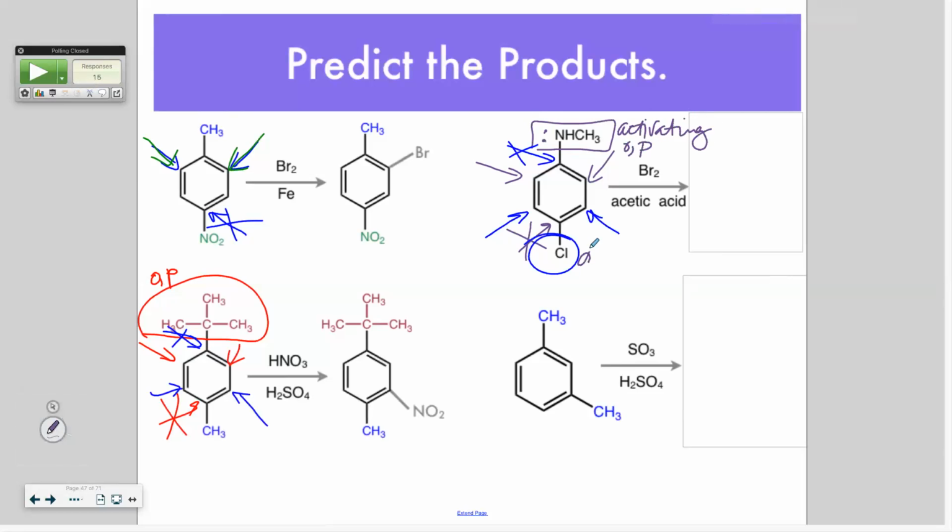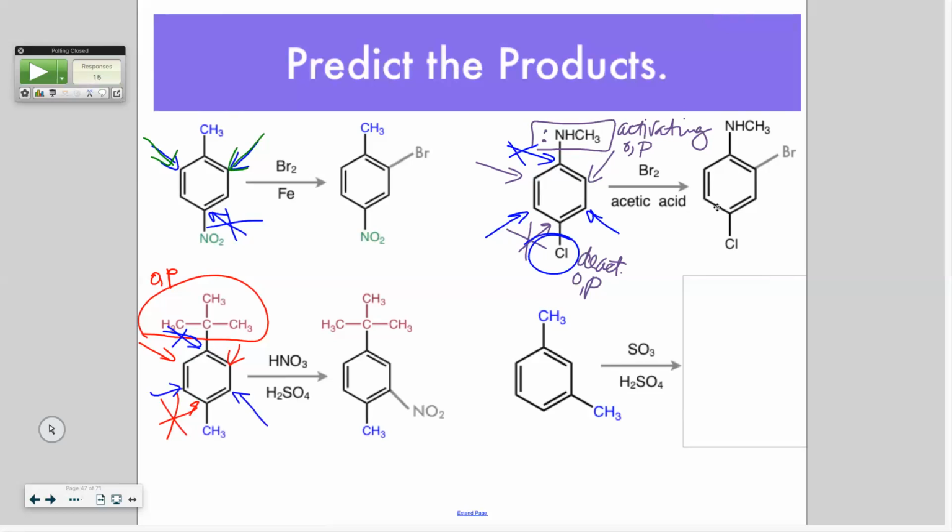This one is a deactivating OP director. I wrote the P, honest. Okay, so what do we get? We get that one. Okie dokie. Making sense? Is it making sense?